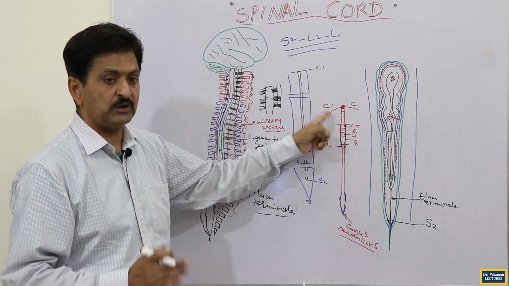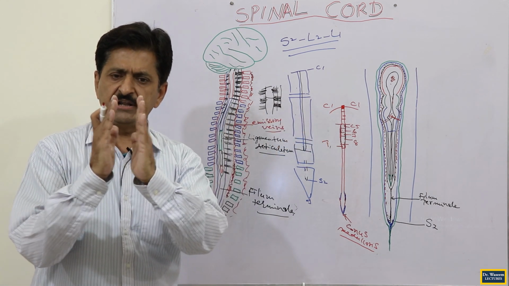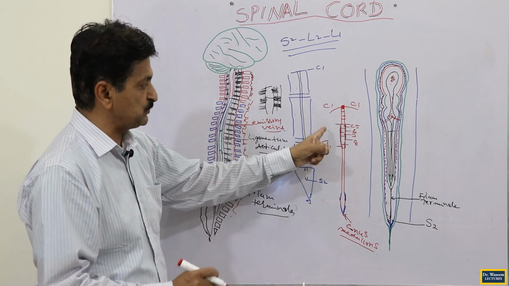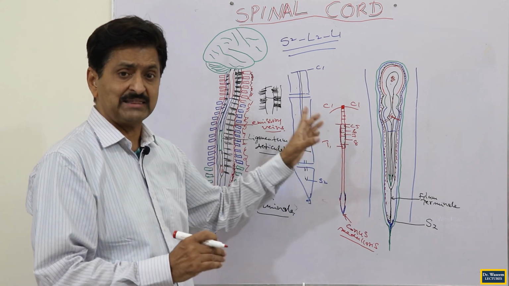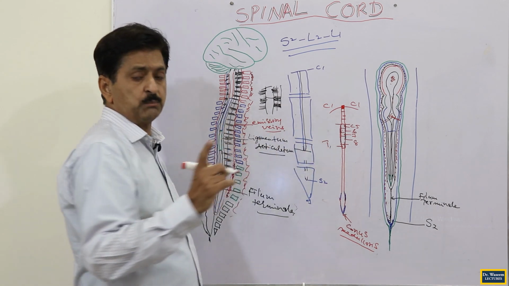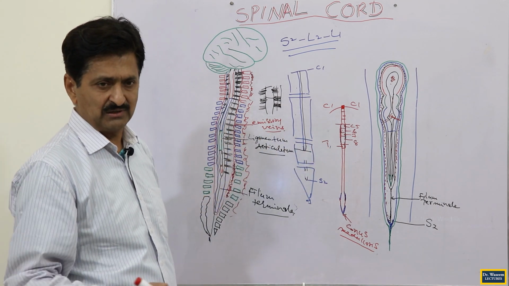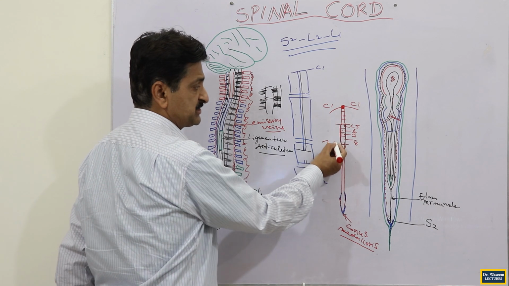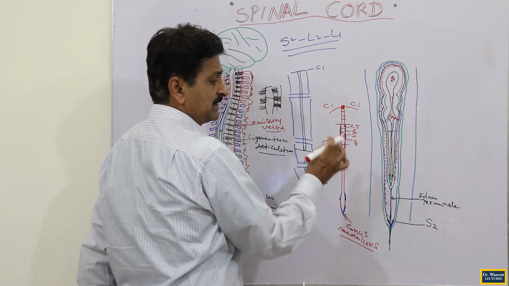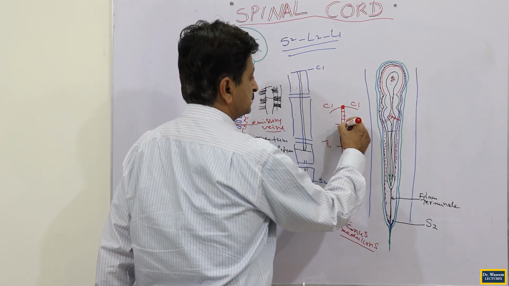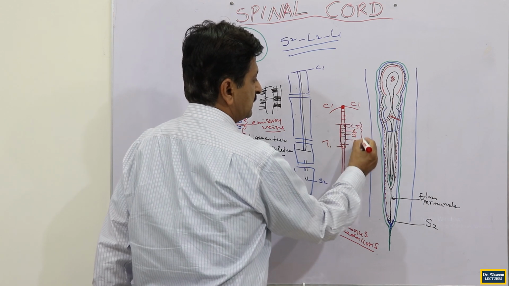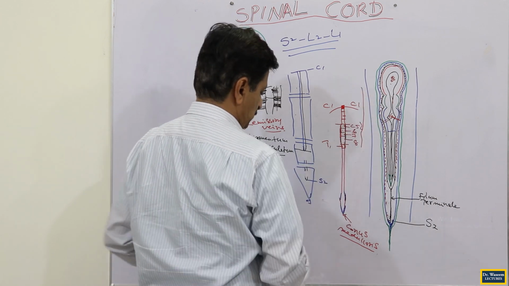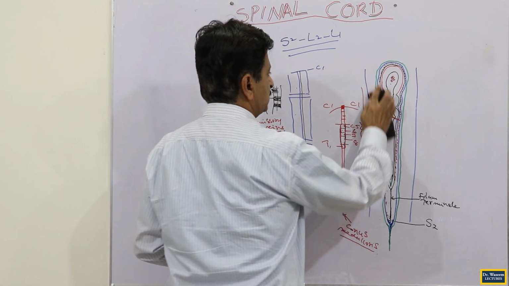In the upper 4 segments it is narrow and cylindrical, but in the middle it will bulge. These are the segments that form the brachial plexus, the limb plexus. This bulging is called the cervical enlargement.